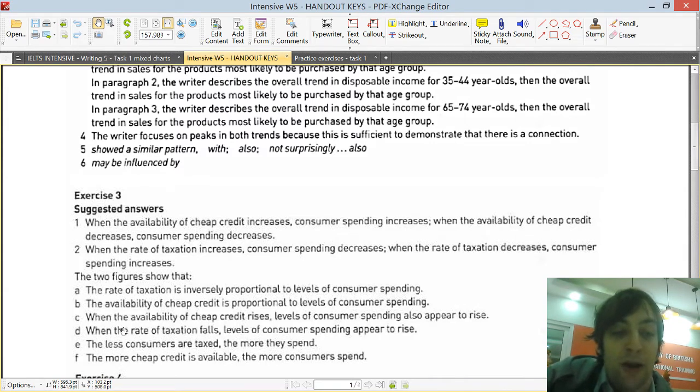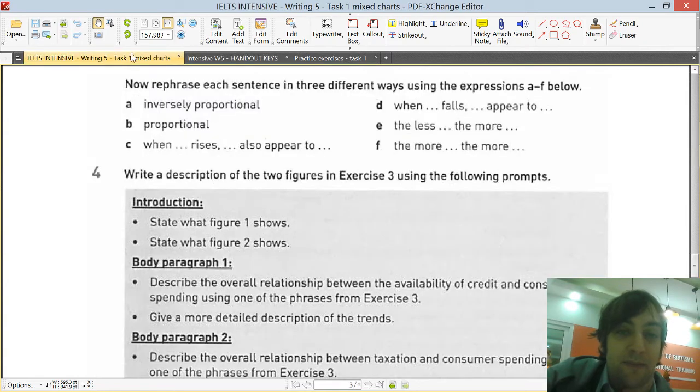D. When the rate of taxation falls, levels of consumer spending appear to rise. E. The less consumers are taxed, the more they spend. F. The more cheap credit is available, the more consumers spend.